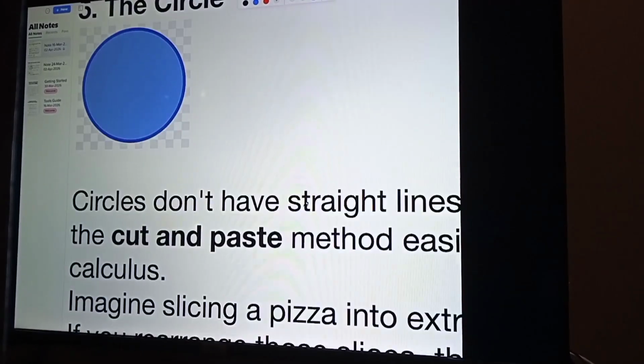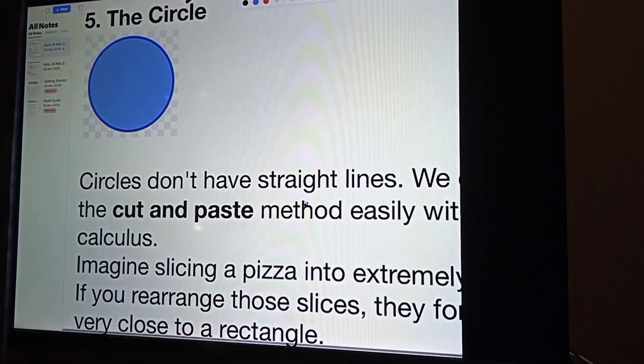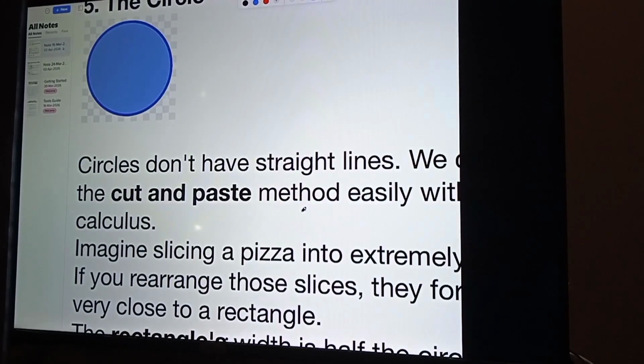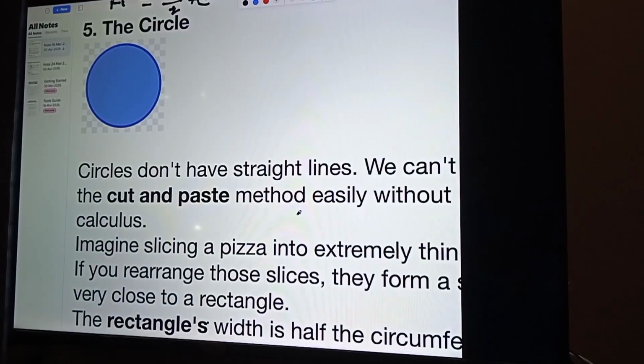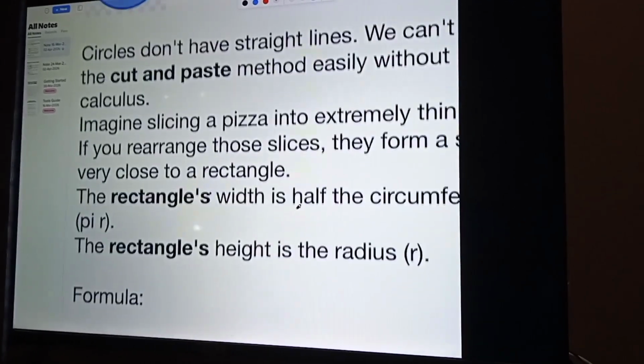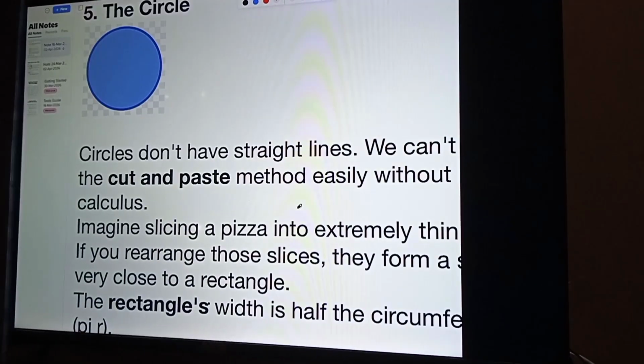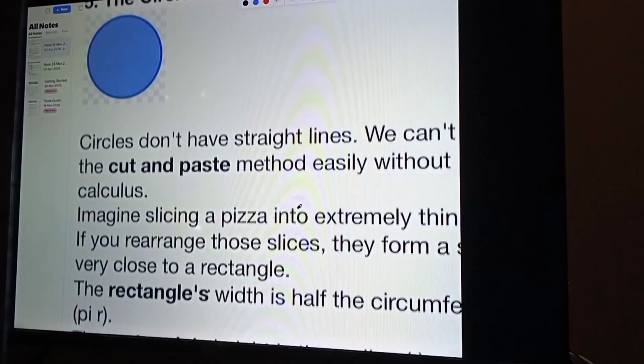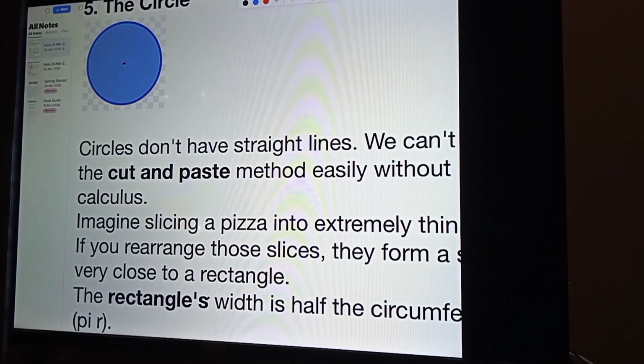Next, the circle. Now the circle doesn't have straight lines, but if you want to derive it from the rectangle, what do you need to do? Remember, the center point is this, and half of the circle's diameter is the radius.